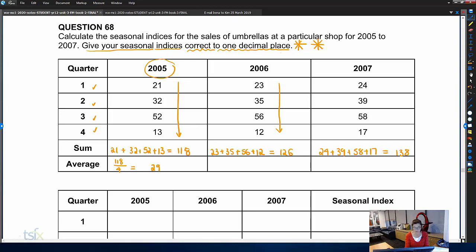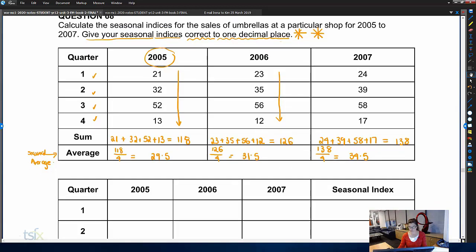This gives me 29.5. 126 divided by 4 gives me 31.5. 138 divided by 4 gives me 34.5. So I have calculated my seasonal average. We have completed step 1 of the process of calculating your seasonal indices.